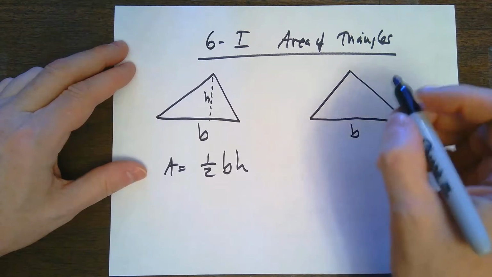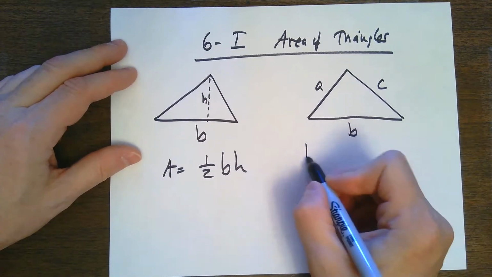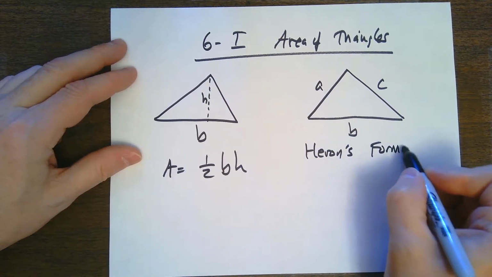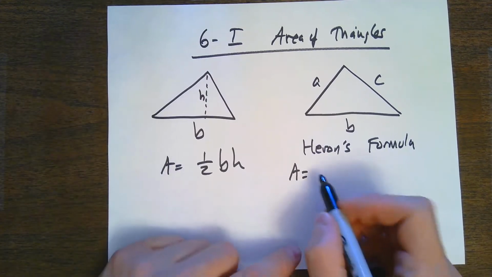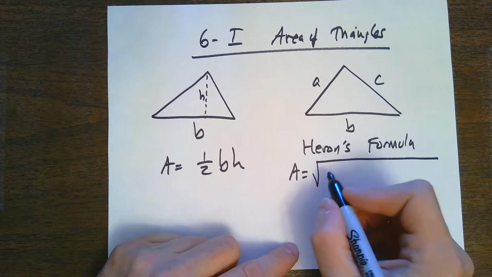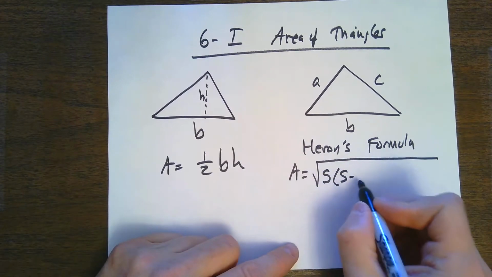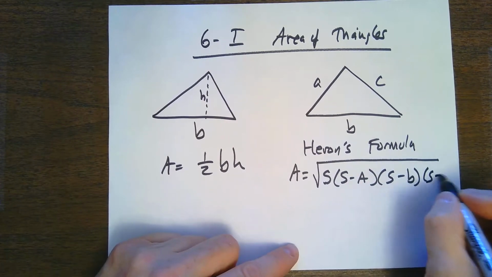If I know the side lengths a, b, and c, I can use Heron's formula to find the area of the triangle, where area equals the square root of the semi-perimeter s times s minus a times s minus b times s minus c.